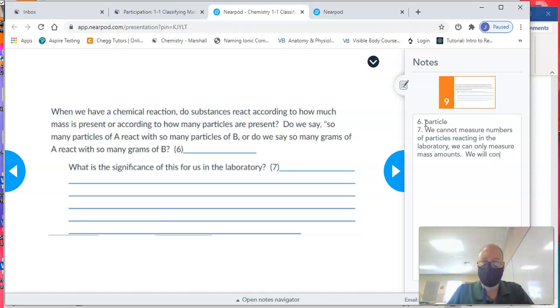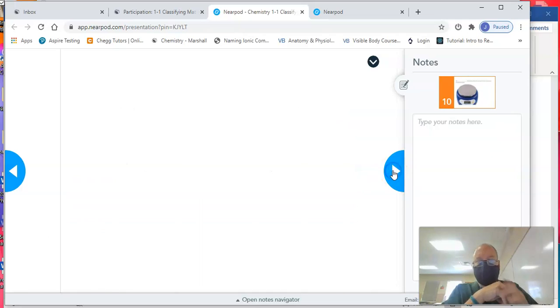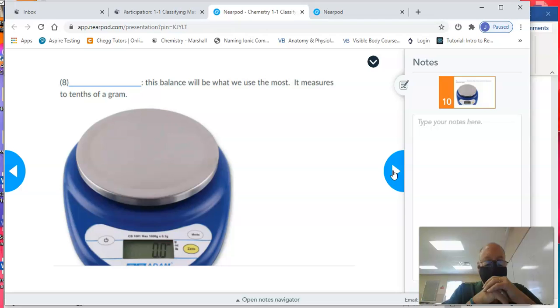We will constantly be converting back and forth between numbers of particles and numbers of grams. So that's a problem that we're going to have, and that's the significance of mass versus particles.